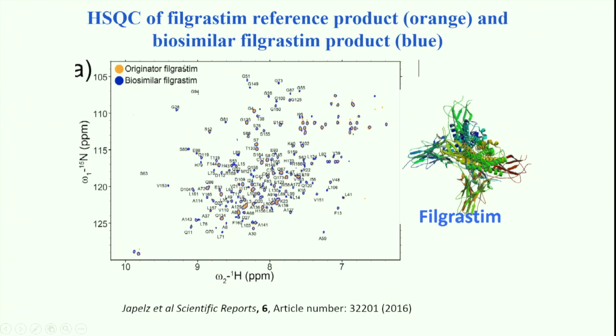You can use this originator and biosimilar filgrastim and show the residue-wise similarity between these two products. Here each dot represents one amino acid, and in a residue-specific and quite robust manner, we can show the biosimilarity between the biosimilar drug and the originator drug. But this takes longer to record, because we are recording at natural abundance.